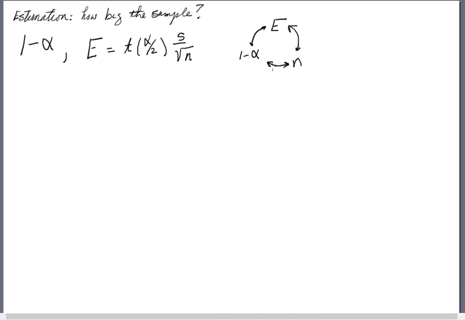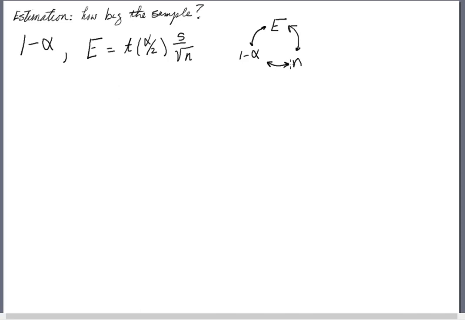Now, what would optimize be? Well, 1 minus alpha, as big as we can make it. That is lots of confidence in what we're going to say is the probable value of mu. E, very small. I'd like to have as small a margin of error as I can have. And n is the sample size.